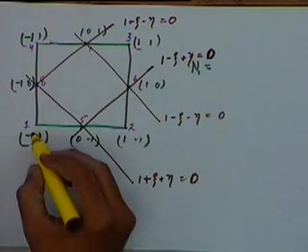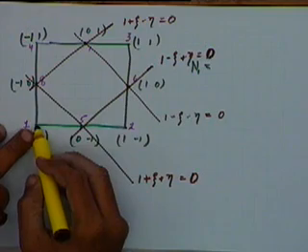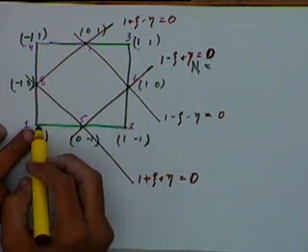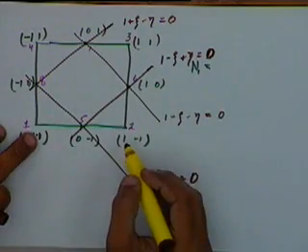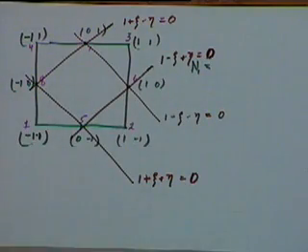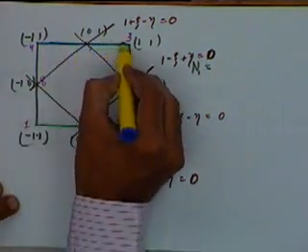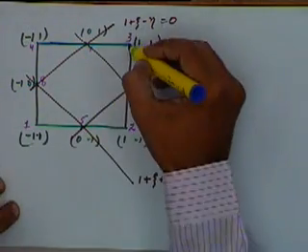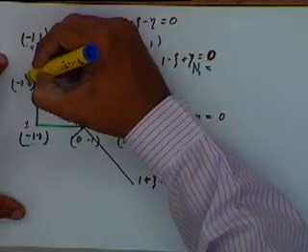Now if I consider node 1, for node 1 I want N1 to be 0 at all the other nodes. So I will consider, let us say, this straight line, this straight line and this straight line.